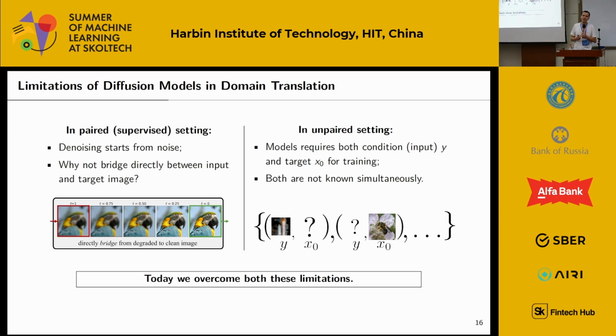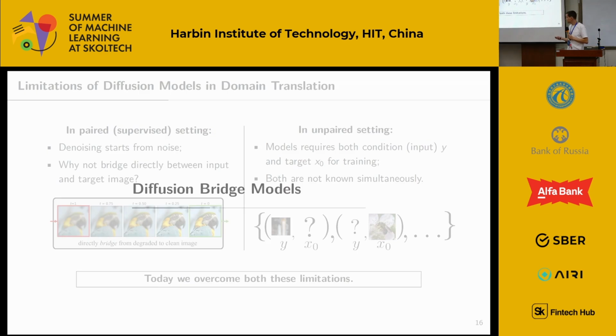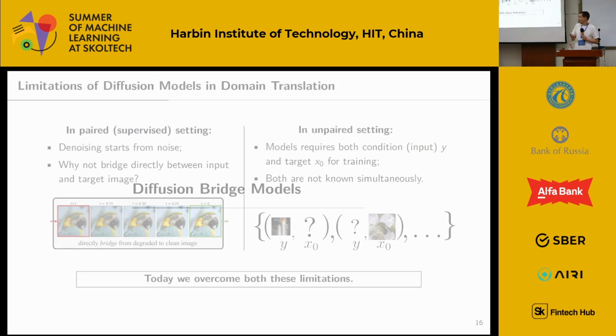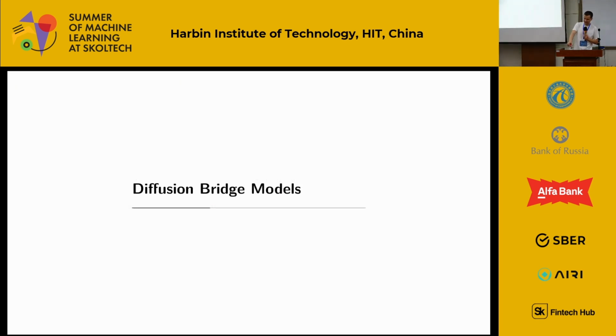So conditional diffusion models are not straightforwardly applicable here. There are some ways, with many tricks and heuristics, to apply them here, but there are much more reasonable approaches which we are going to discuss today, and they are called diffusion bridges. Okay, so now let's go to the main part of our presentation about the diffusion bridge model.